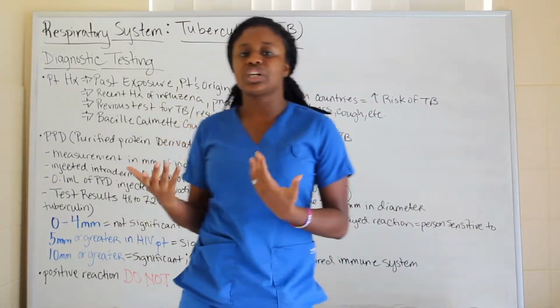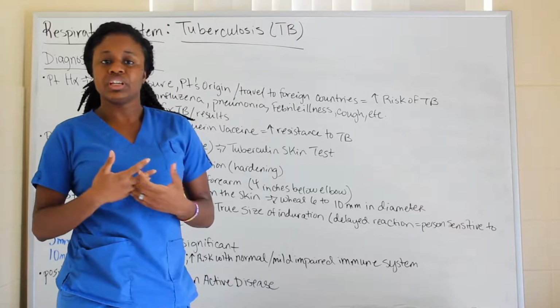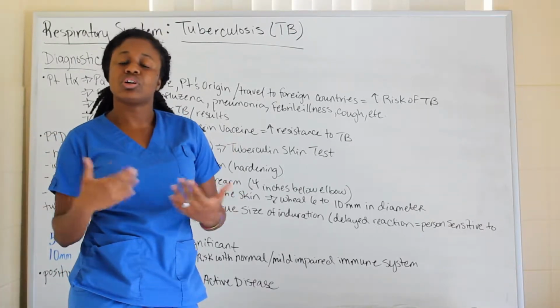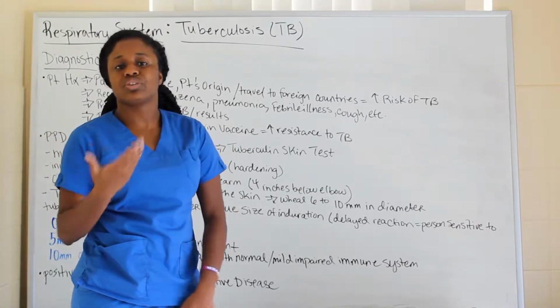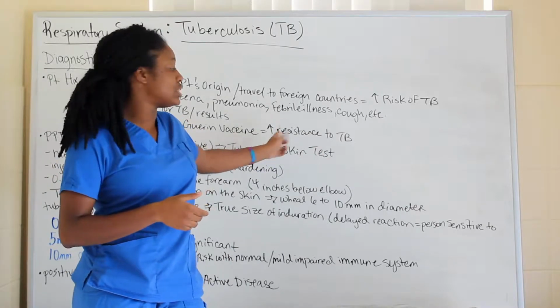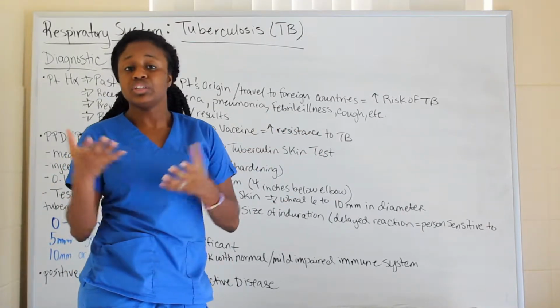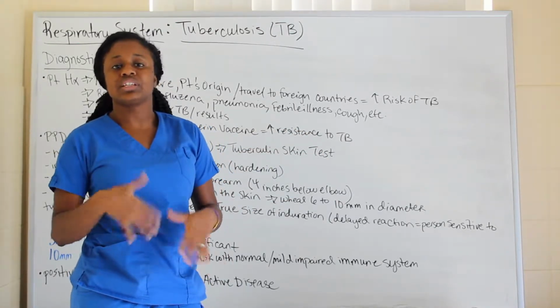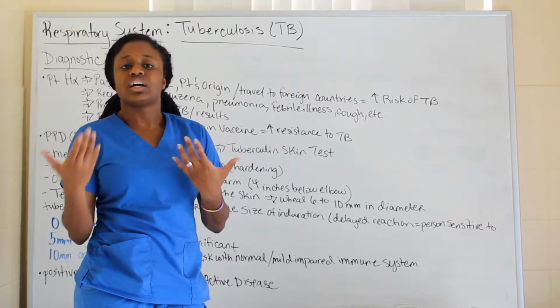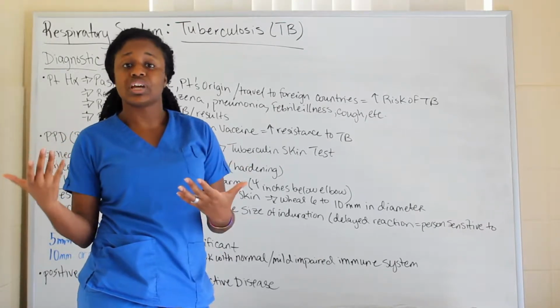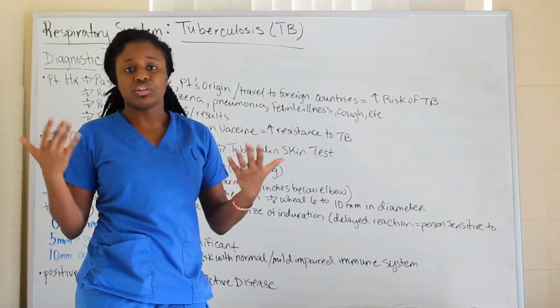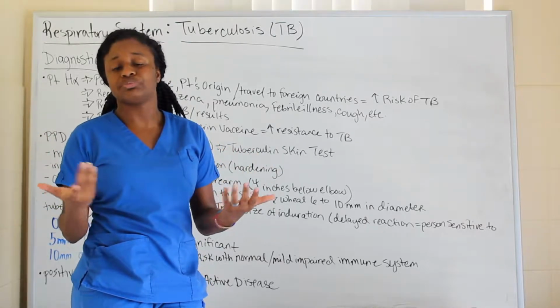All right, and this is pretty much for those of you who are international. They give these vaccines early on to increase resistance to TB, okay? They do not do that here in the United States. They have banned that, so a lot of times you won't even hear about that vaccine, or you'll probably wonder what that vaccine is for, okay?